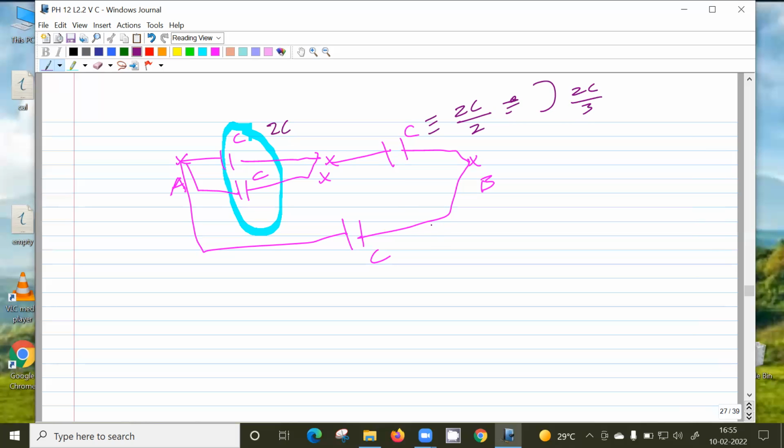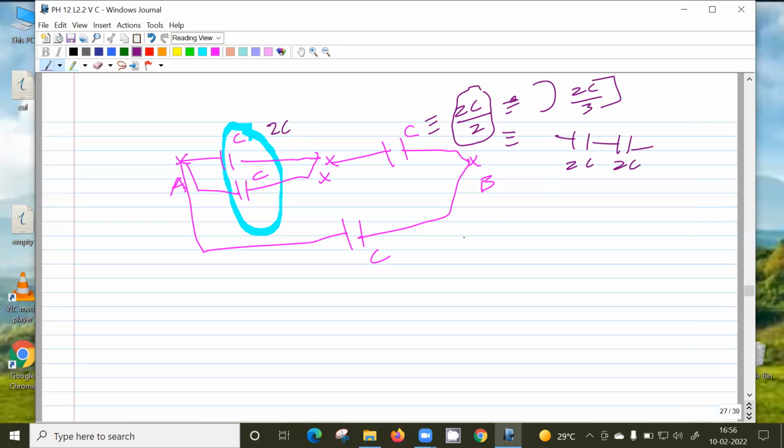If you have 3 capacitors, 2C, 2C, 2C in series, that will become 2C by 3, no? So basically I have three 2Cs, so that will become 2C by 3.